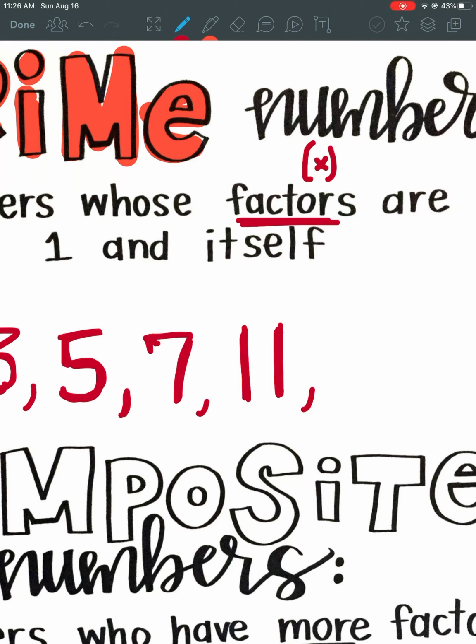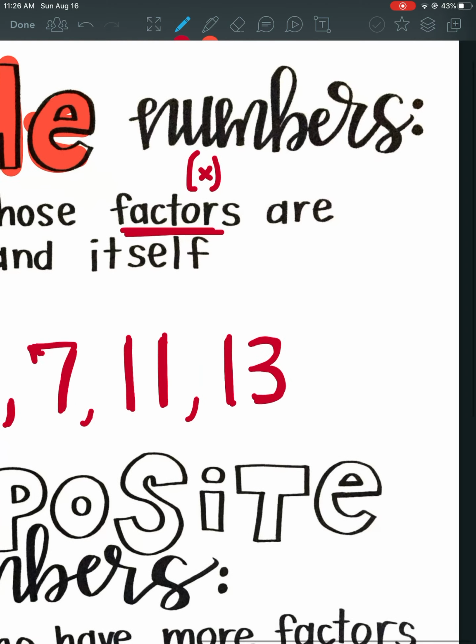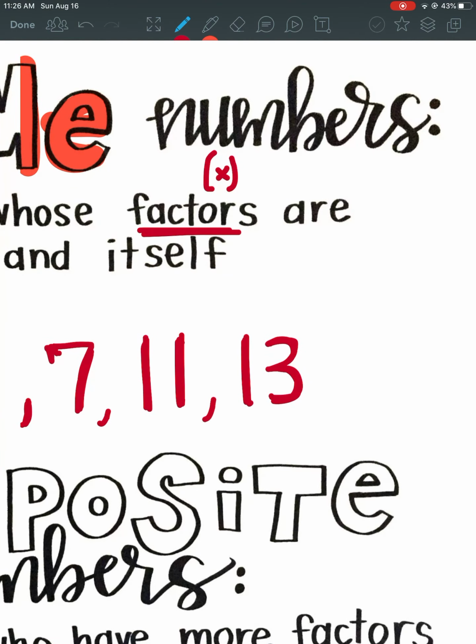We only have 11 times 1. 12 is even. 13 is our next prime number, 13 times 1. 14 is even. 15, we can put 5 into it. 16 is even. 17 is our next one.